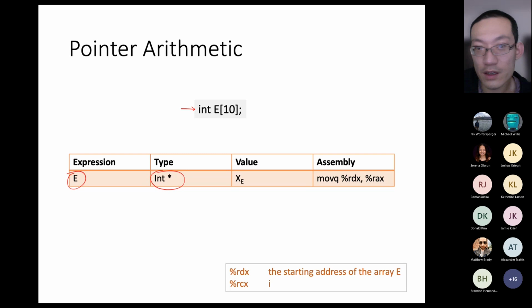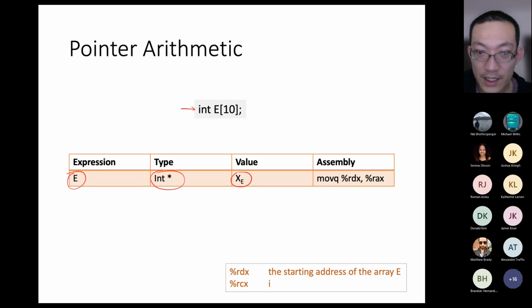And in terms of its value, because it's an integer pointer, we need a value telling us the starting address of the array. Apparently, we use XE to denote the start address of the array. If we look at the assembly, what it usually does is move RDX to RAX.